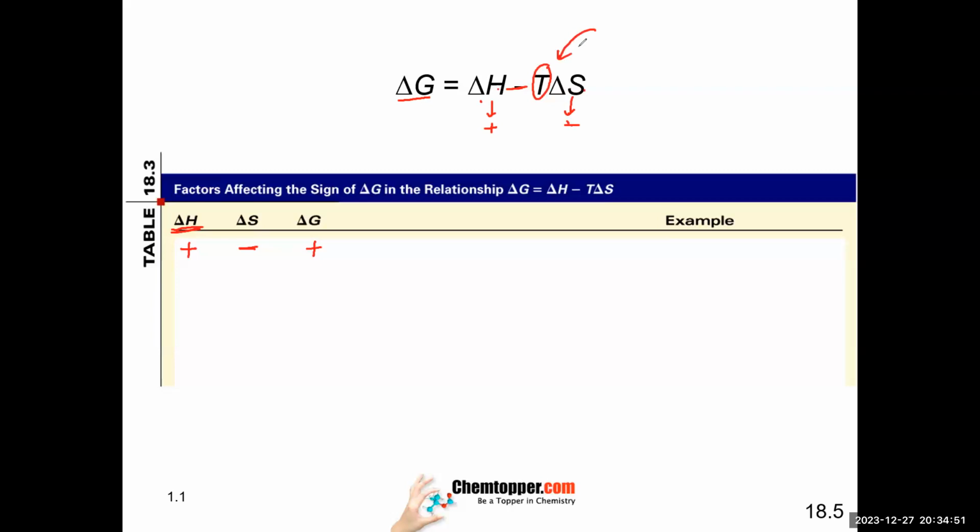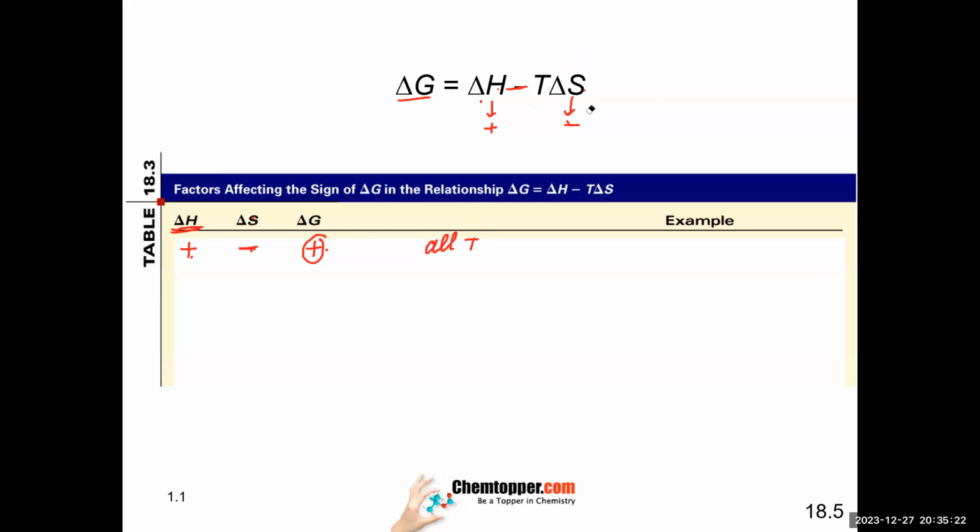During the reaction, we can increase or decrease the temperature. We cannot do anything else. So my question is, when delta H is positive and delta S is negative, delta G is positive. Is this condition at all temperature? The answer is yes, all temperature.